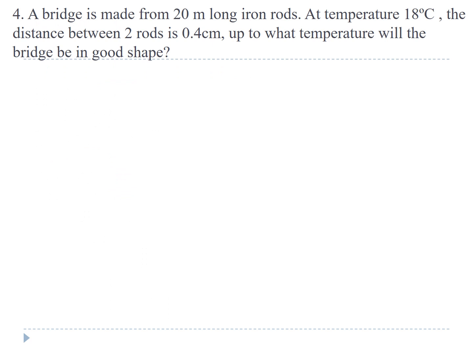Now going to the next question. A bridge is made from 20-meter long iron rod at temperature 18 degrees Celsius. The distance between the two rods is 0.4 centimeter. Up to what temperature will the bridge be in good shape?